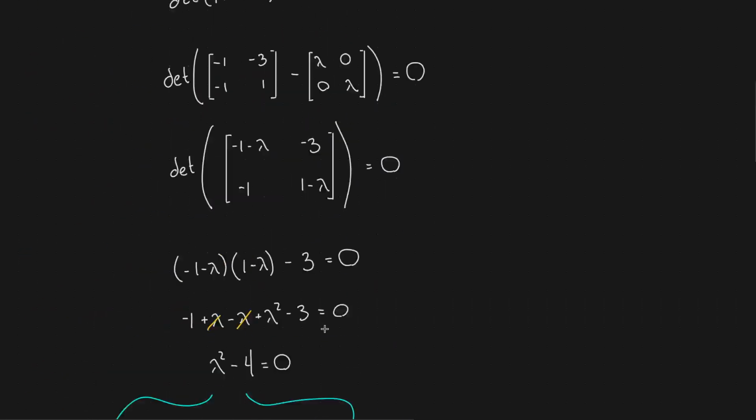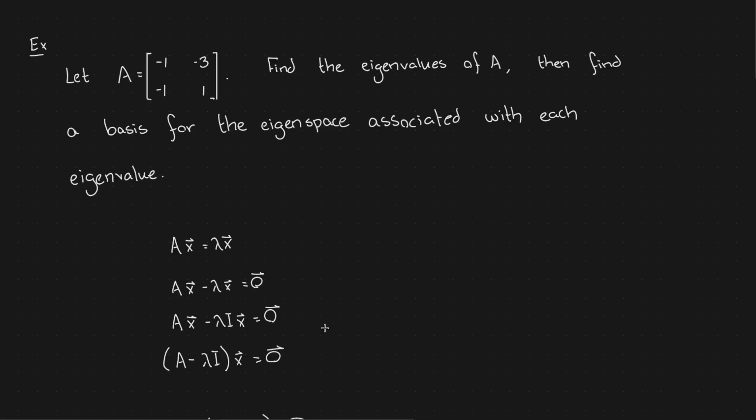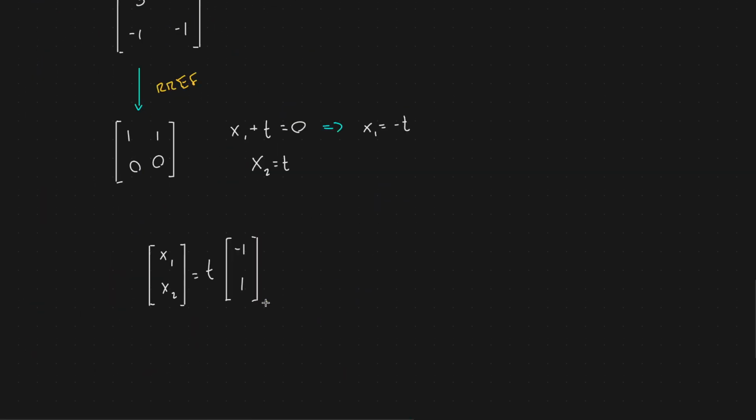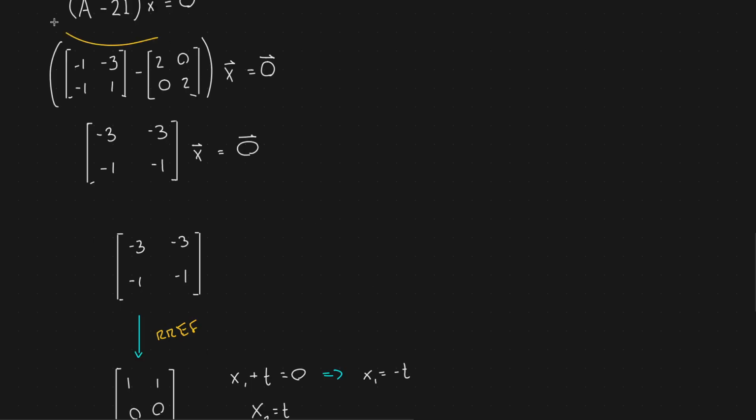Okay. Now, the original problem didn't ask us to find the whole eigenspace. It asked us to find a basis for the eigenspace. And we can see here that negative 1, 1 is a basis, right? Any linear combination of this vector is an eigenvector for the system, is a solution to this homogeneous system.